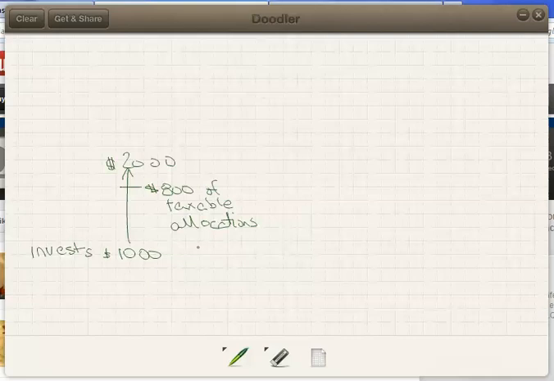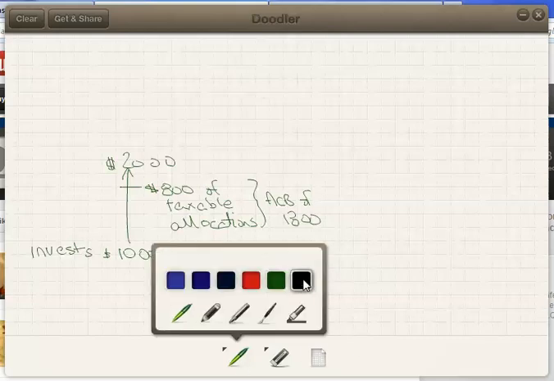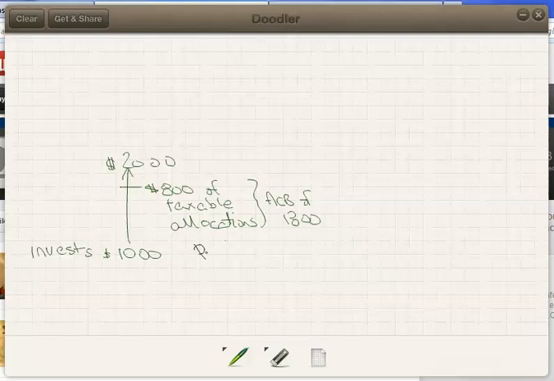Well, at this point, we're going to have an ACB of $1,800. So if this person were to make a complete withdrawal, if they were to clean out that fund, there would be a $200 capital gain waiting for them. So we have a potential $200 capital gain.